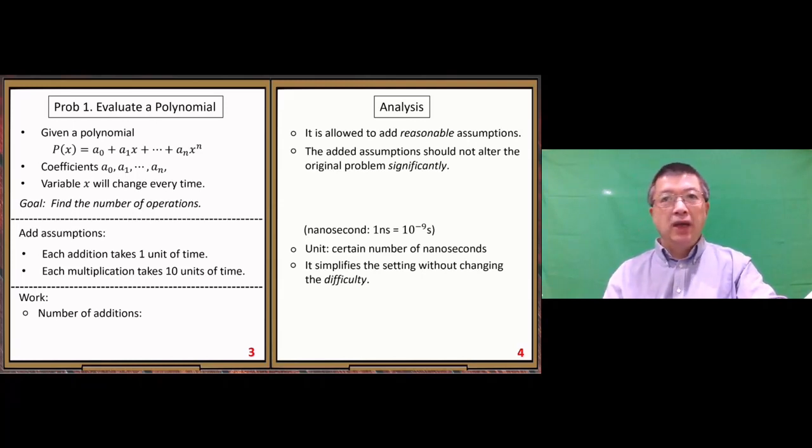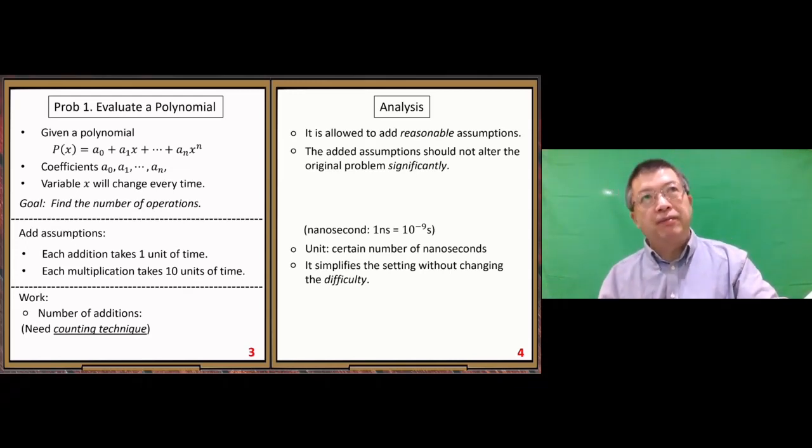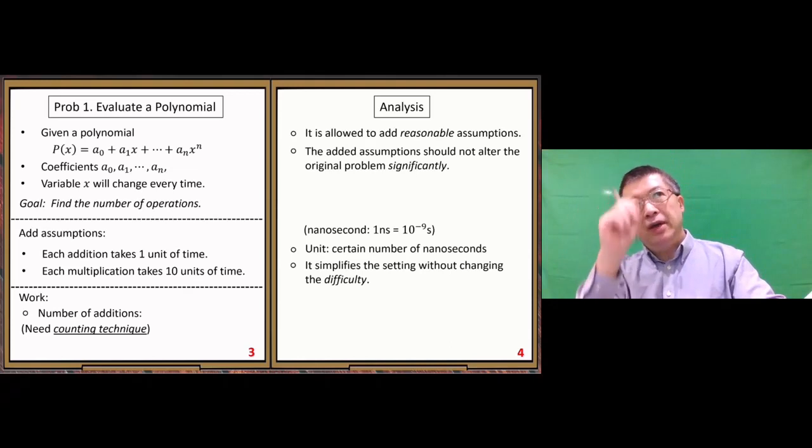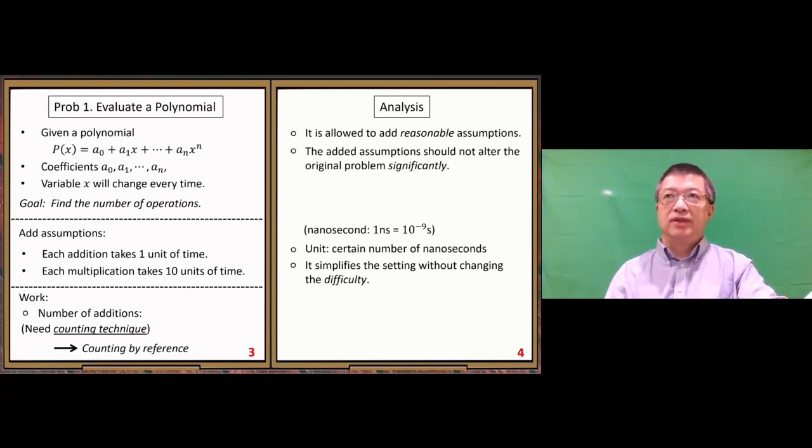Here we need to use a special counting technique in discrete math. So what kind of counting technique do we need? Here I give you its name, counting by reference. You may not have heard of this name, but its meaning is so obvious.